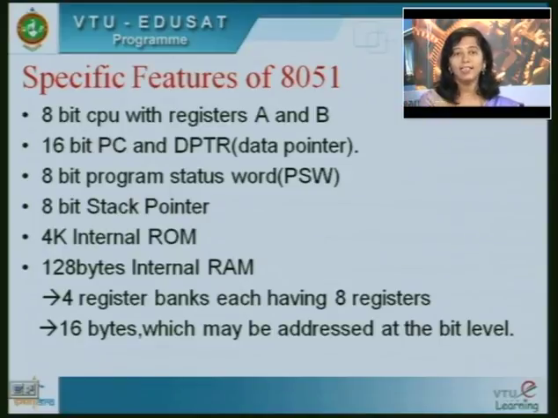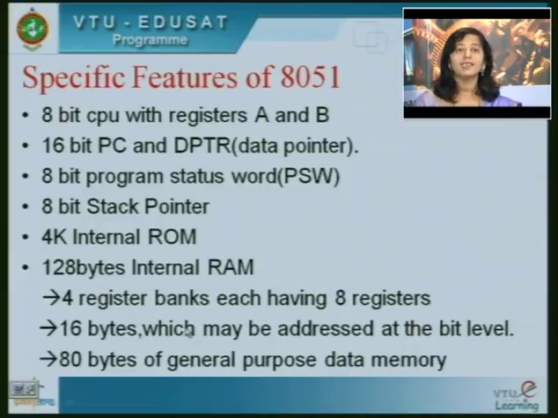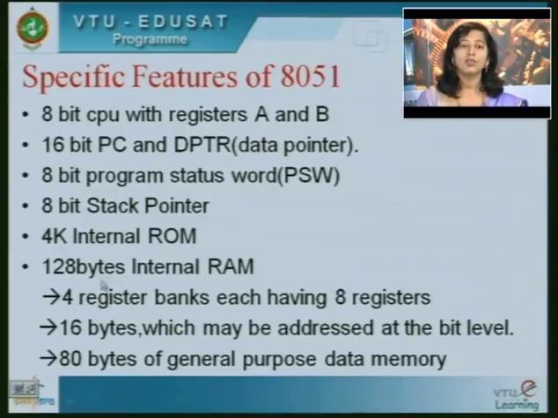One word is 8 bits or 1 byte of data. But if I want every individual bit to be accessed, I should put it in this area of the RAM. Next, we have 80 bytes of general purpose data memory which can be used to store any type of data. So, this is what the 128 bytes internal RAM is made up of.